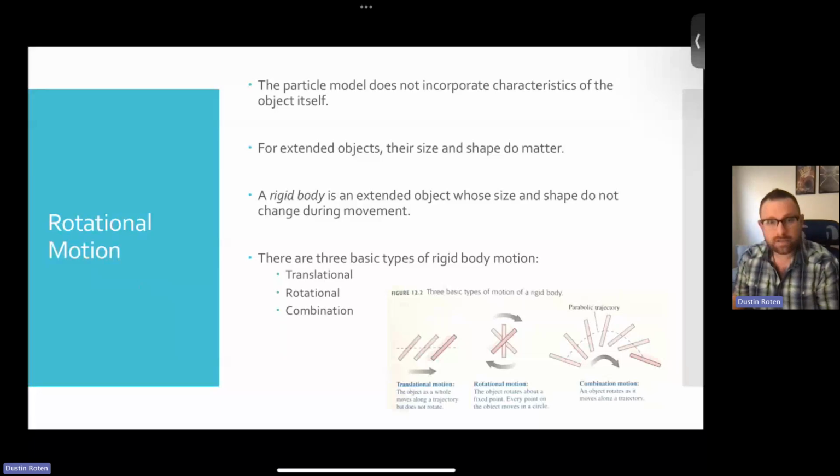Okay, so with rotational motion, the particle model that we've been using, especially in the 1D and 2D kinematics at the beginning of the semester, doesn't incorporate the characteristics of the object itself.